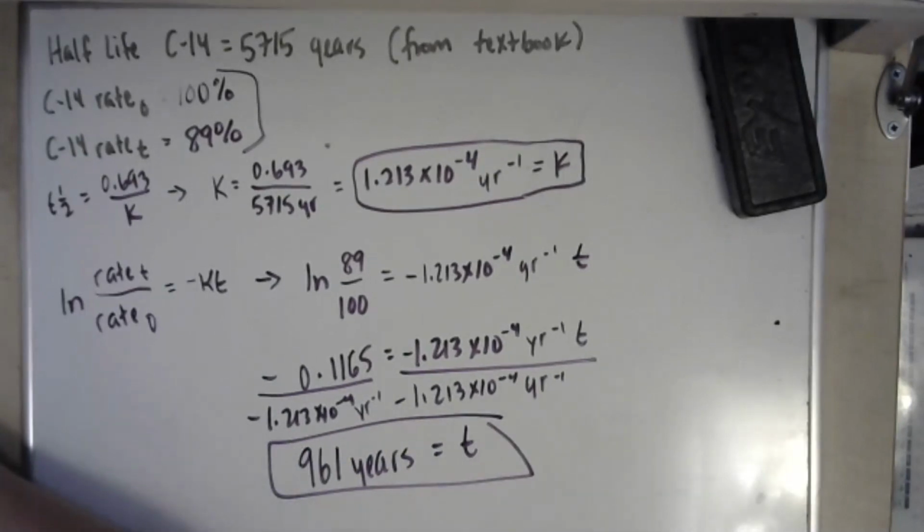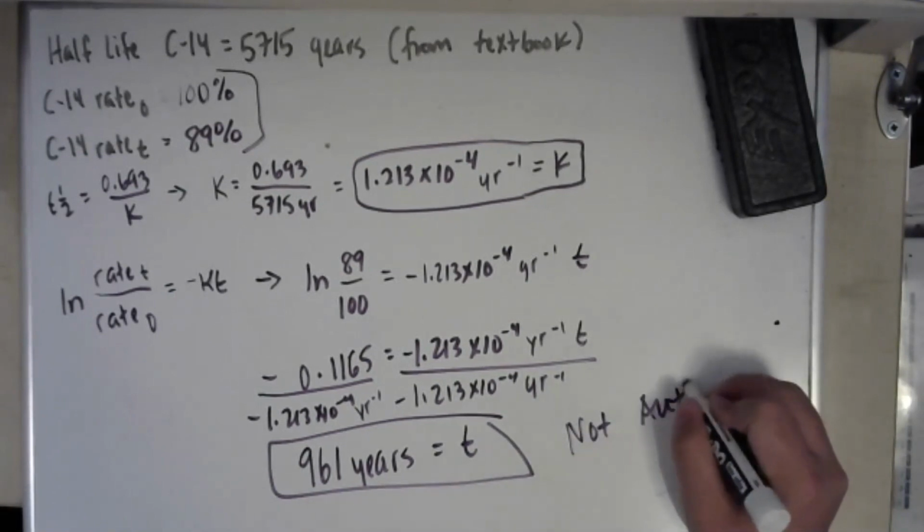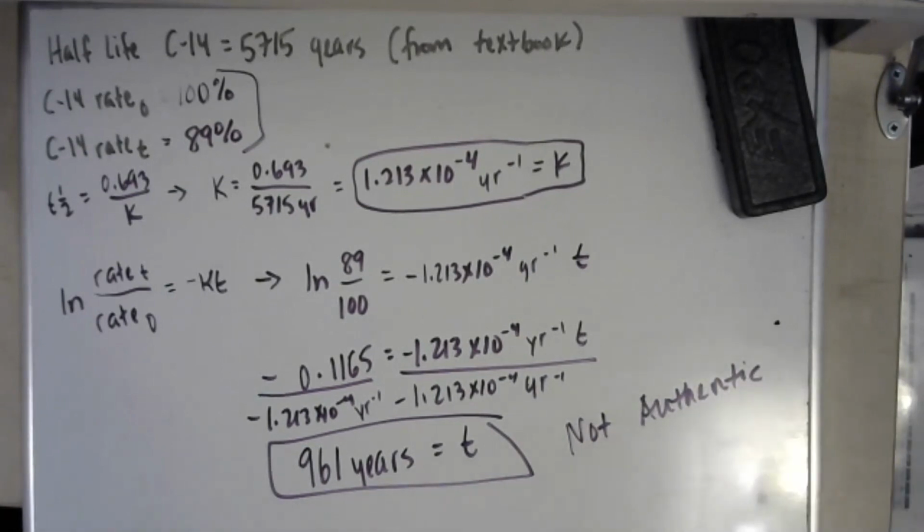So we would say that in that case, it's not authentic because it's only from like 1,000 years ago or something like that, but it's not 2,000 years old, right? So not authentic here. Fake. I mean, honestly, it's still pretty old. 900 years is pretty old, but it's not as old as they wanted it to be.